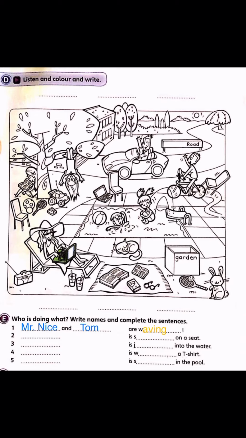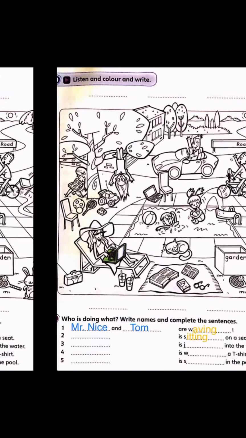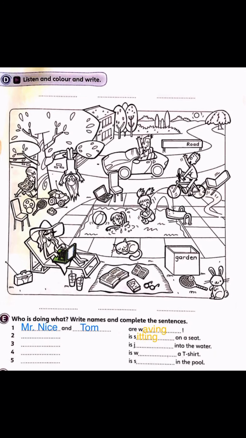The verb is sit. Very good. And to adapt it to the form of the present continuous, we're going to say sitting. We add ing. And of course, pay attention to the spelling because it's double T. Sitting. So is sitting on a seat.